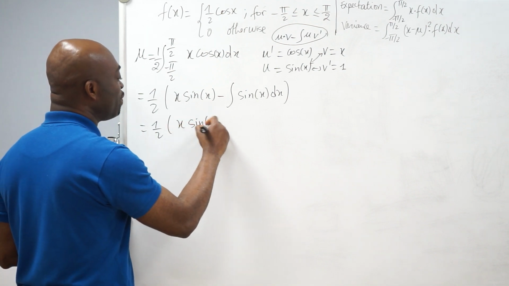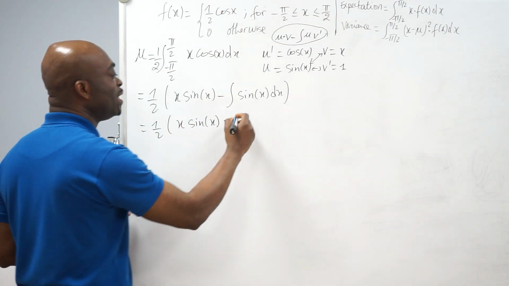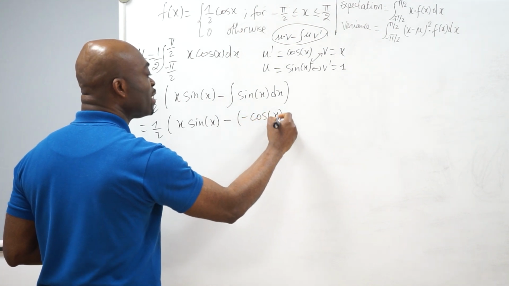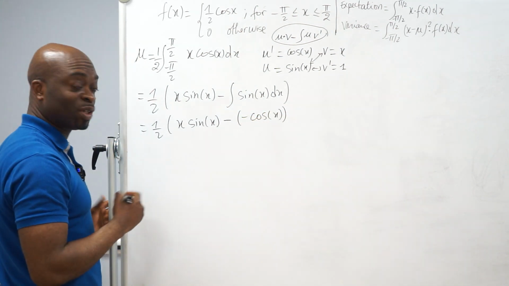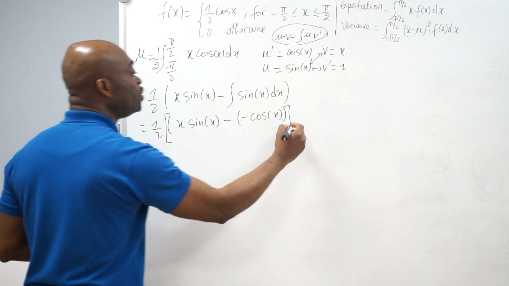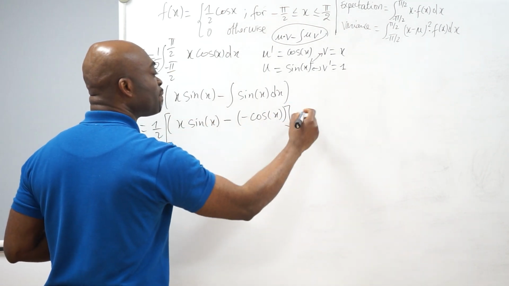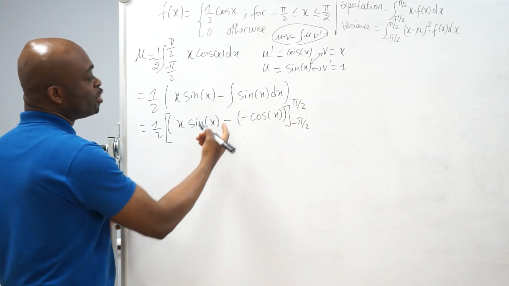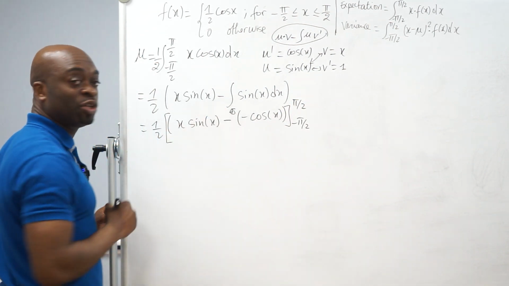So it's x sine of x minus, minus again, cosine of x. No more dx because we're done with that. And then we take it from negative pi over 2 to positive pi over 2. Negative and negative is positive, so we're good on that one.